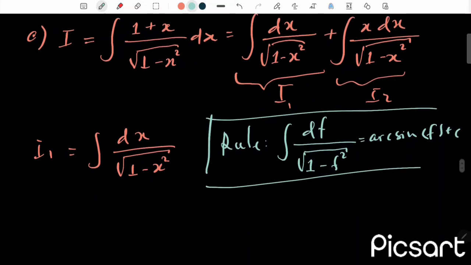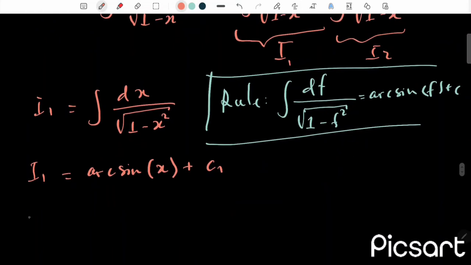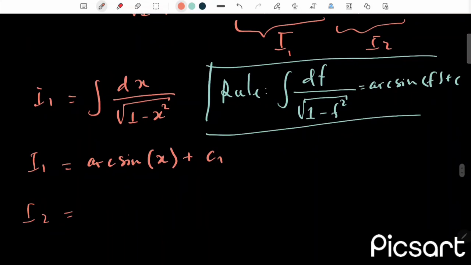And we have now I1 equal to arcsine of x plus c1. And for I2 we have the integral of x dx over the square root of 1 minus x squared.